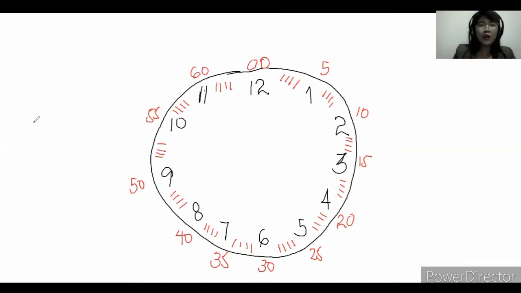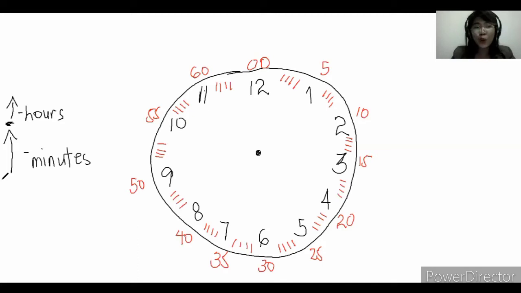On a clock, we will see a short hand that indicates hours, and the long hand that indicates minutes. So in reading the clock, you will look first at the short hand. Always remember in reading the clock, you will read the short hand first.